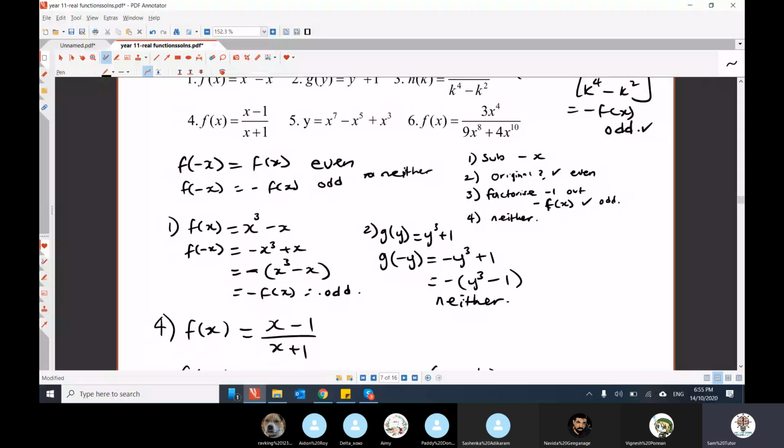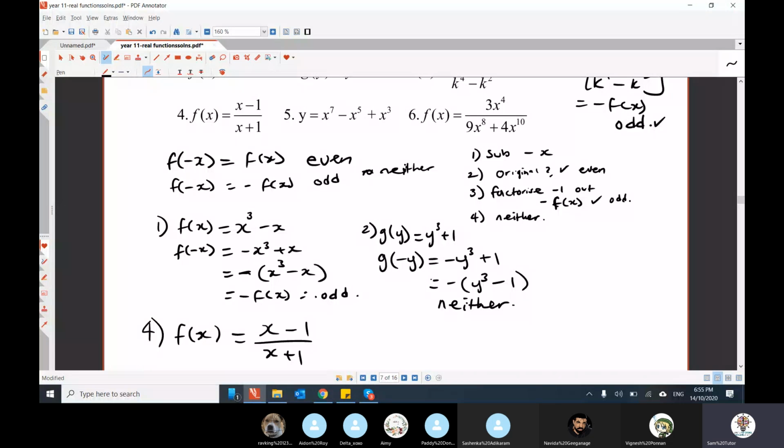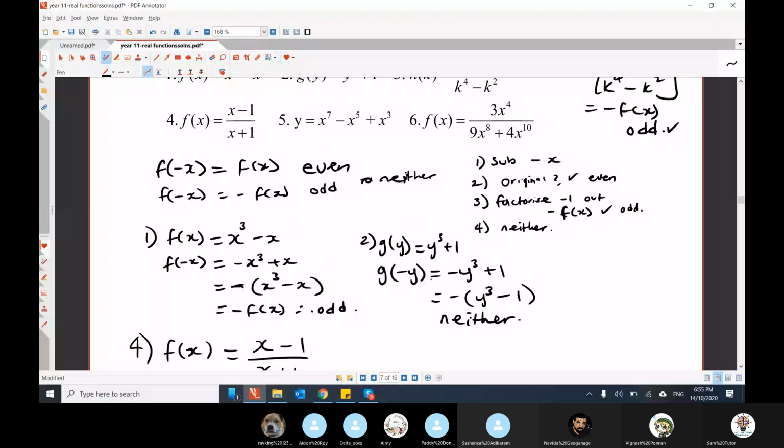Guess what number 5 is going to be? Odd, even, or neither? By just looking at it? Anyone? Nav? Just observation? What do you reckon it is? It's the last one, sir.